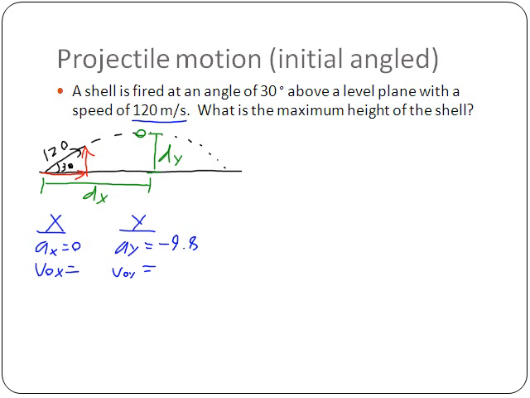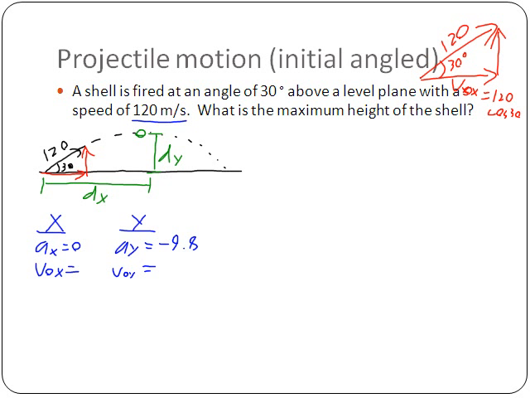So if this right here is 120, I have x, I have y, and I know this is 30 degrees right in here. My x component, v naught x, is going to be v times, in this case adjacent over hypotenuse, cosine, so it'll be 120 cosine of 30.